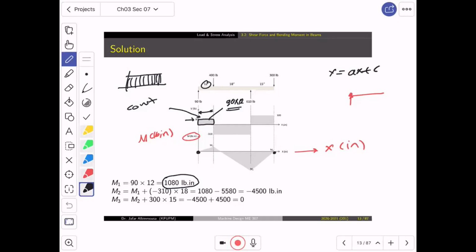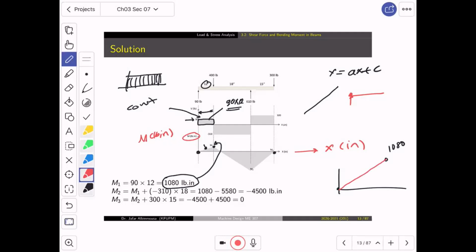In other words, it's a line which has a slope. So I don't need to know what is happening here. All I need is what is happening at the tip. The tip is 1080. So if I know that this is 0, and I know that this is 1080, all I need to do is connect them with a straight line.